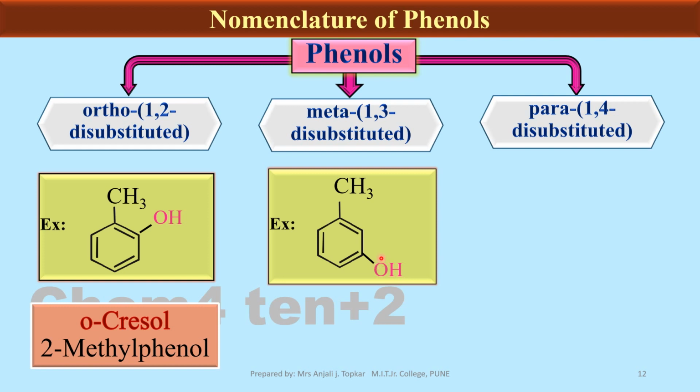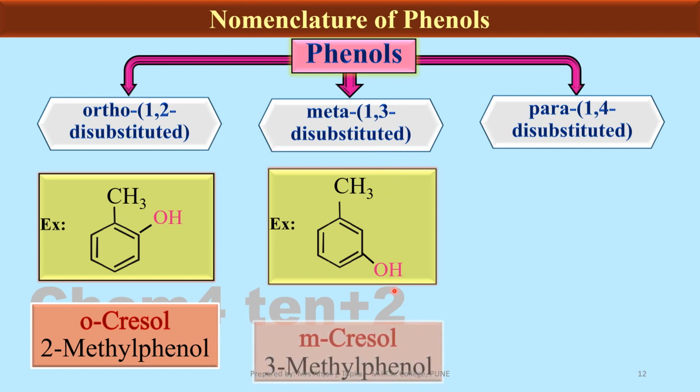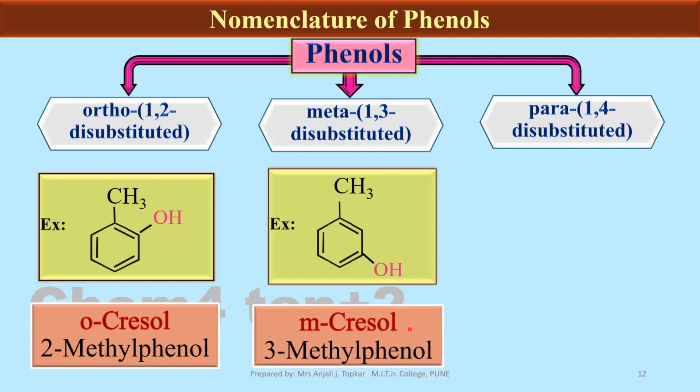Here, if the OH group is attached to this carbon atom, it is carbon atom number 1. This will be 2, this will be 3. The name of the compound is metacresol. It is the common name, and the IUPAC name is 3-methylphenol.